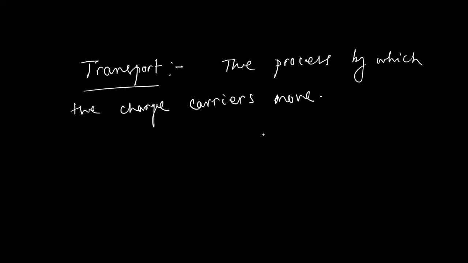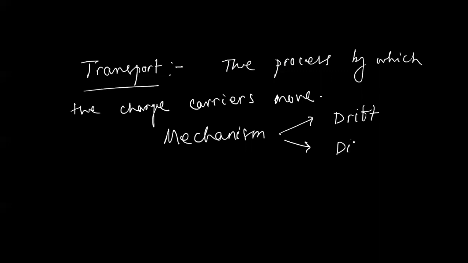Now what is the mechanism of transport, how will the electrons or holes move in their respective bands, electrons in the conduction band and holes in the valence band? We can classify the mechanism into two types: one we will call drift, the other diffusion.